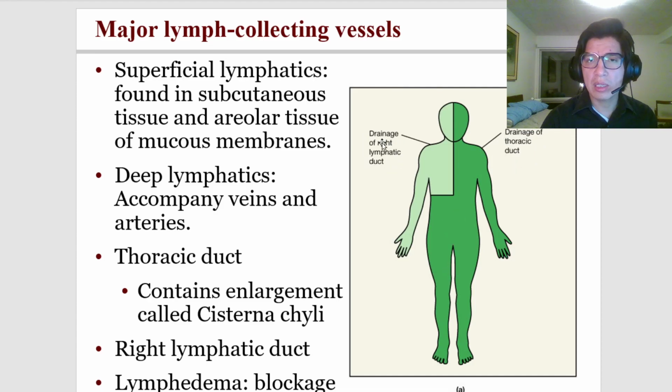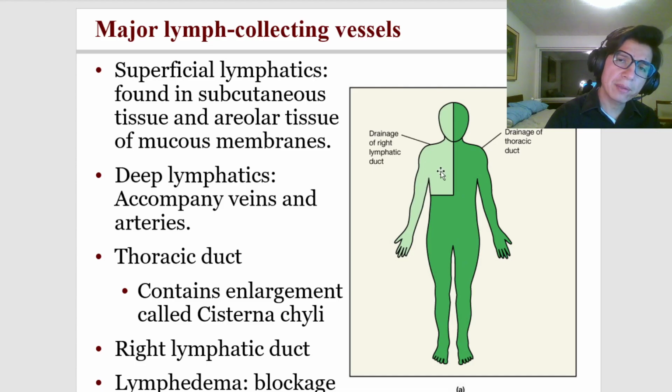The right lymphatic duct is going to receive input from the right arm, right portion of the thorax, and the right portion of the head. The thoracic duct is going to receive input from the rest of the body. So just knowing this chart, you will know what trunks drain where.